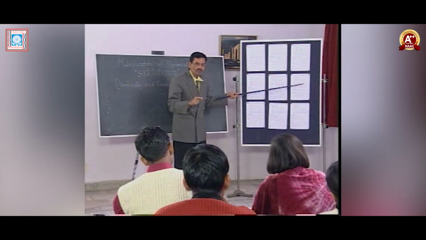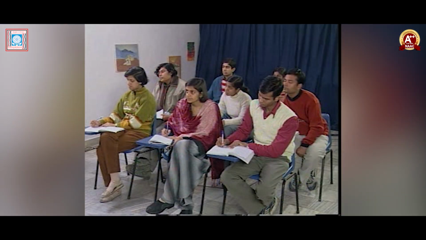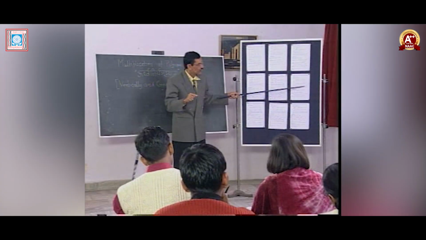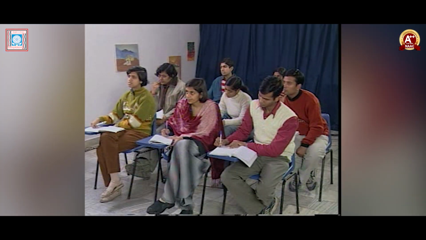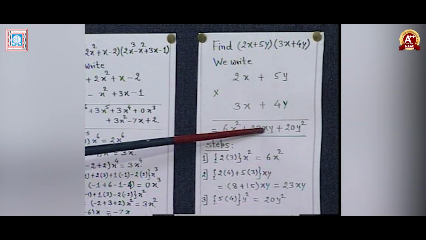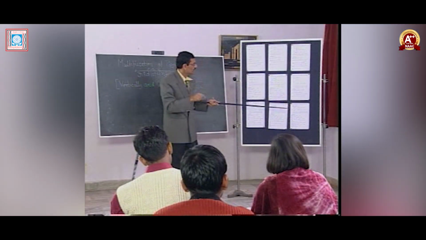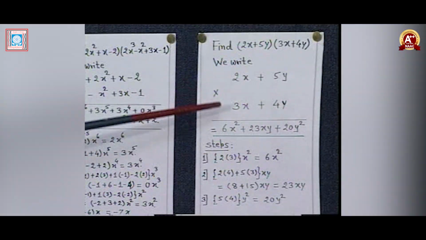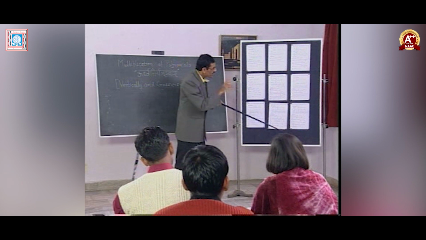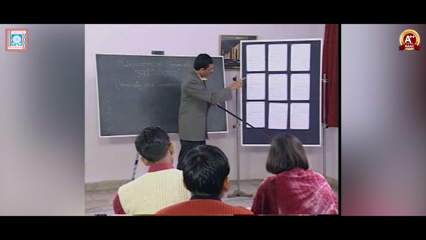Then the last vertical multiplication, it is 5y multiplied by 4y, that is 20y square. So final answer 6x square plus 23xy plus 20y square. Instead of this 2x plus 5y multiplied by 3x plus 4z, if that is the case, then the coefficients remain the same, 6, 23 and 20.